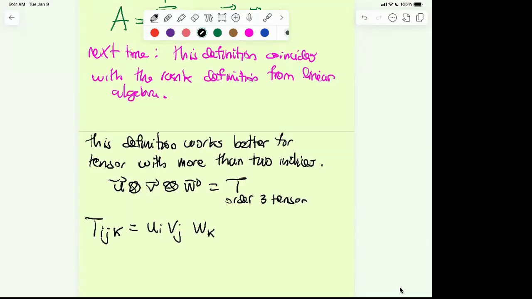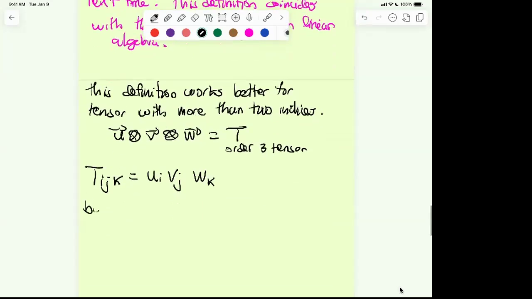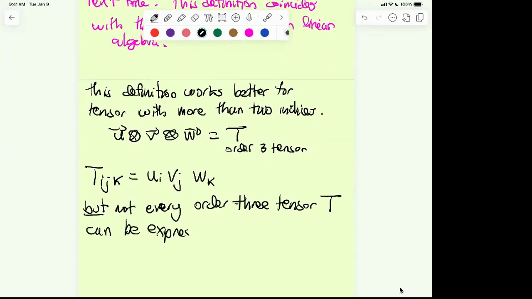So T can be expressed as a sum of U tensor V tensor W. And the rank of an order three tensor would be the minimum number of tensor products that you have to use to express it this way.